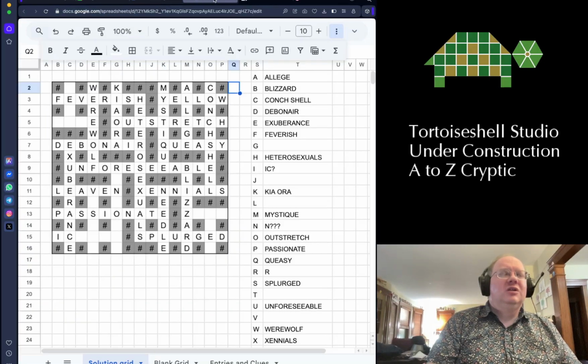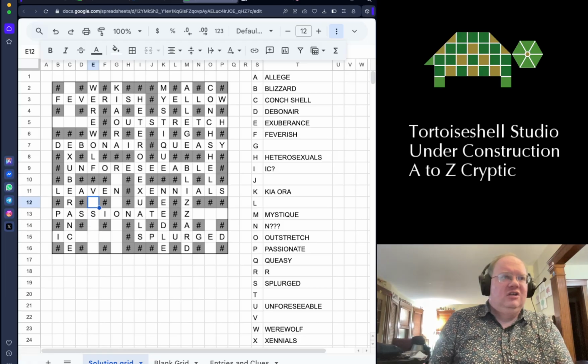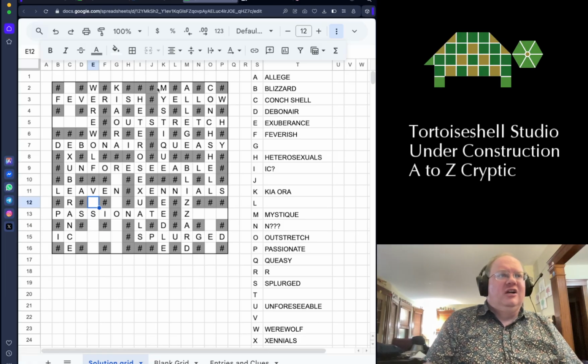Hmm. Well, and then we can have something here. Vessel, vision, visage. Actually, we do need to think about what goes there.